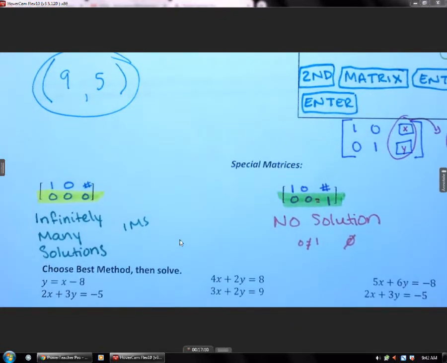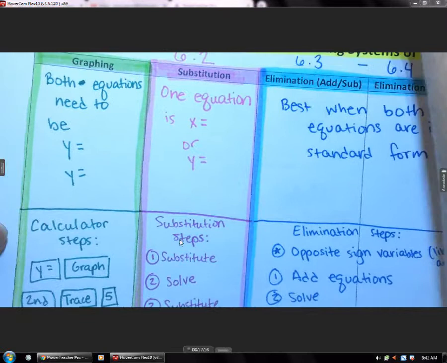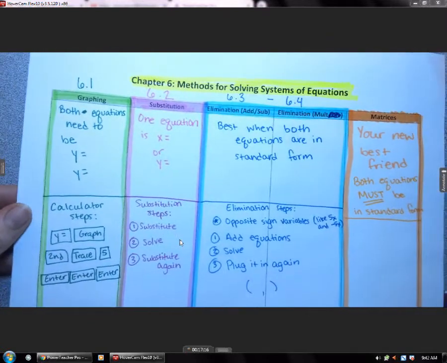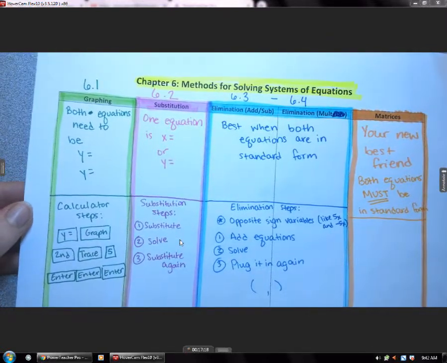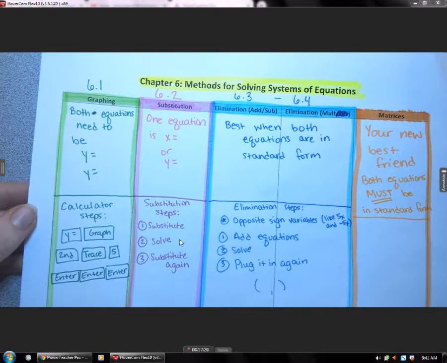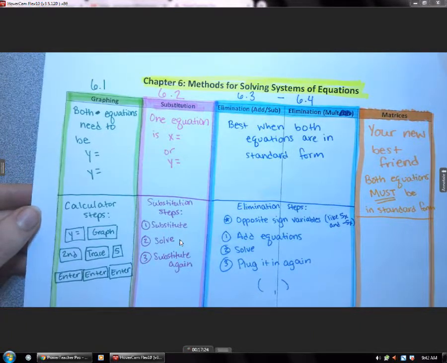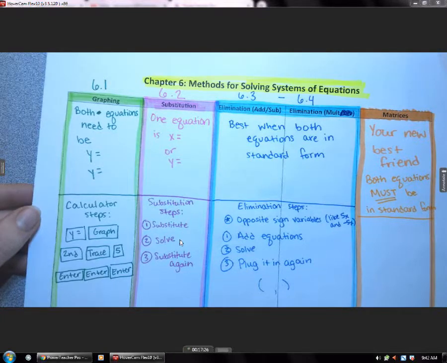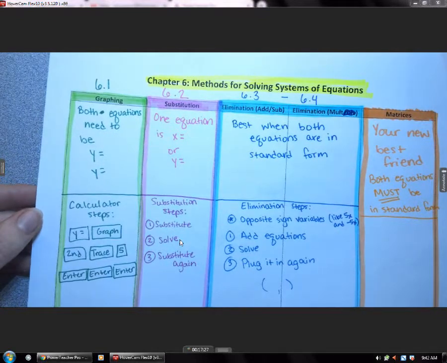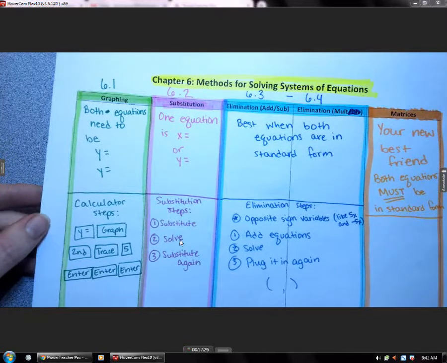Okay? Now, we have officially completed our chart. We know 4 or 5 methods to solve systems, right? Well, how do you know which one to use when? I mean, technically, sometimes it'll say it, but on your final exam, if it says solve using elimination, could you solve it using a matrix much faster?